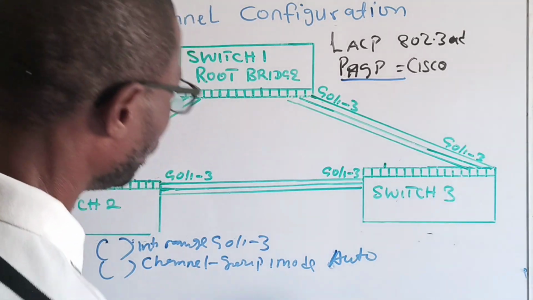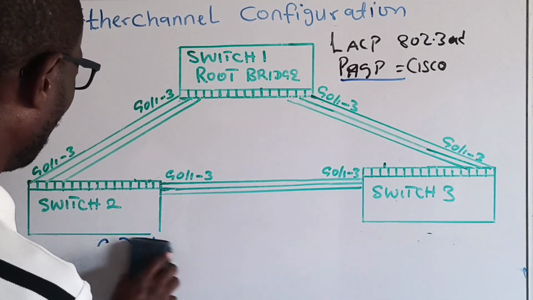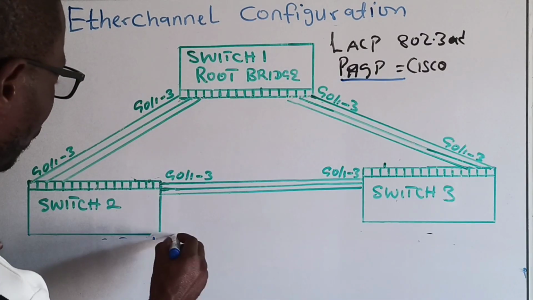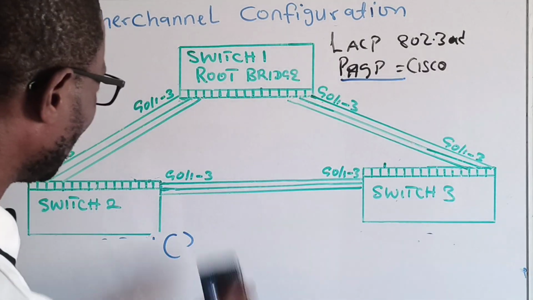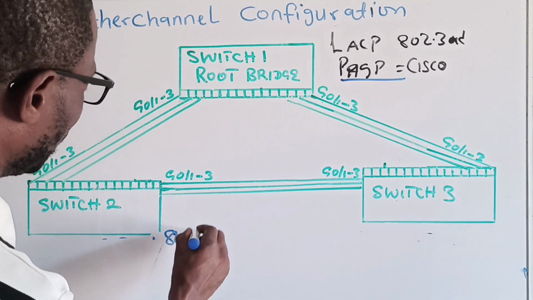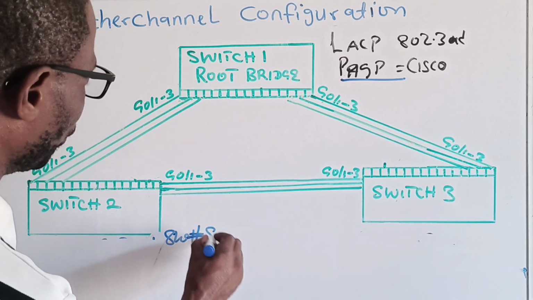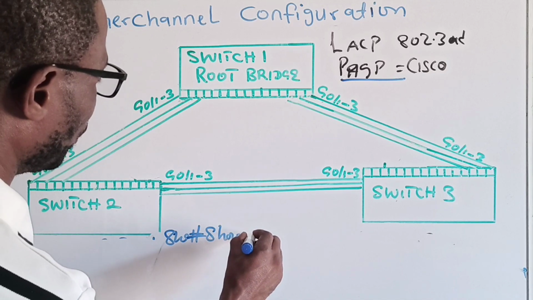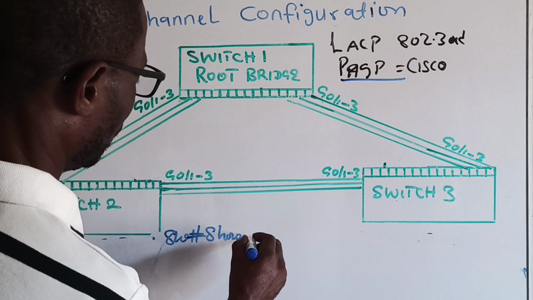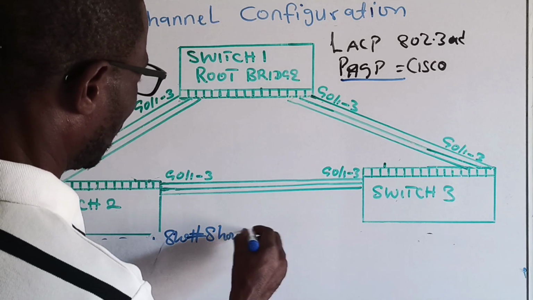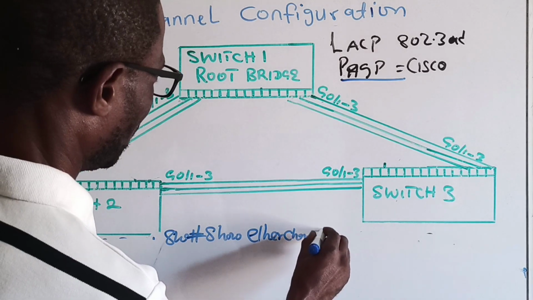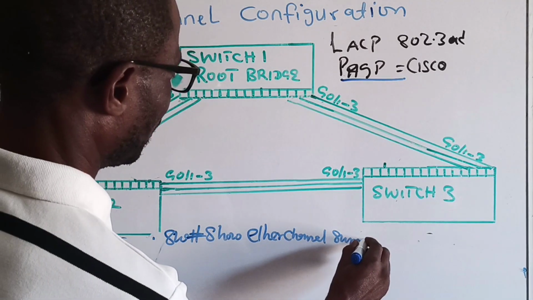So all you need to do, let's say we have finished configuration of this, look at what you need to do from your privilege mode. After saving your configuration, this is the switch privilege mode. You do show etherchannel summary.